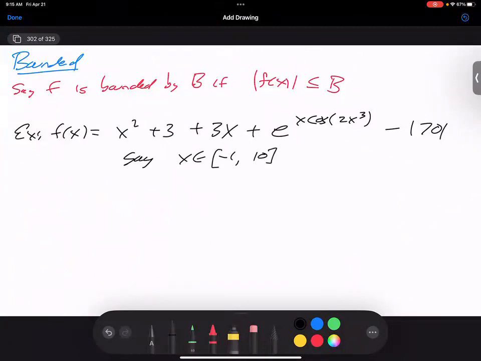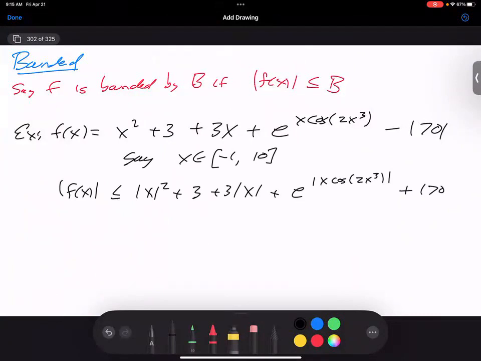The absolute value of f(x) is going to be less than or equal to the absolute value of x squared plus 3 times the absolute value of x plus e to the absolute value of x cosine 2x cubed plus 1701. Is everybody comfortable with that? That if you have the absolute value of a quantity, it's less than or equal, by the triangle inequality, to the sum of the absolute values of the pieces, because I lose the possibility of cancellation.